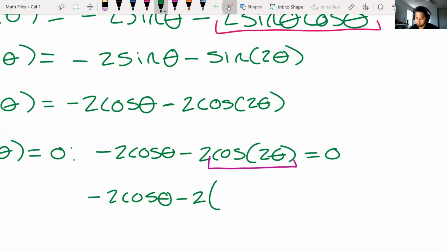Two cosine squared theta minus 1. There you go. 2 cosine squared theta minus 1 equal to 0.